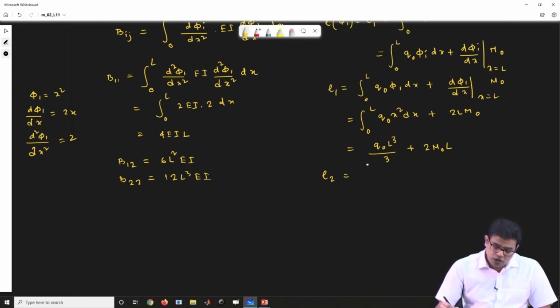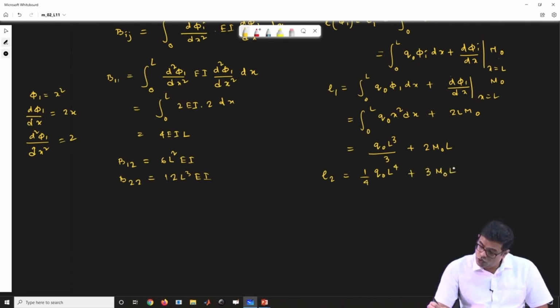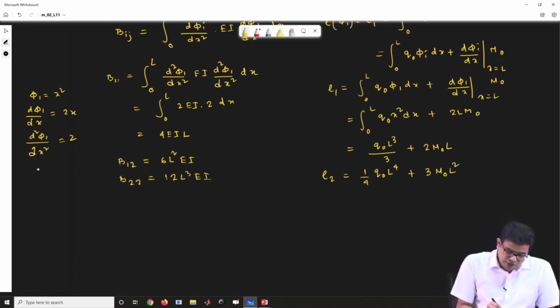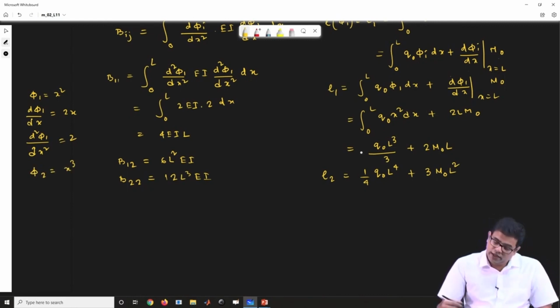And L2 looks like 1/4 Q0 L to the power 4 plus 3 M0 L square. So you can just do it on your own to integrate with phi 2 as my x cube. So if we substitute, then we get this.